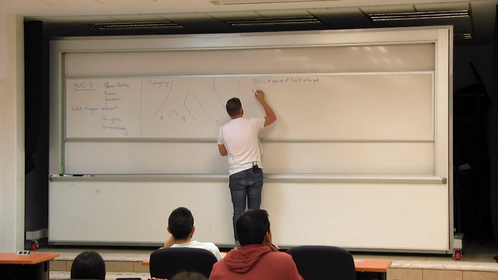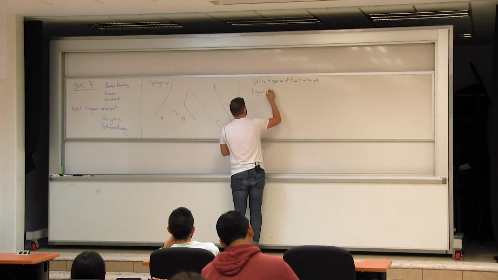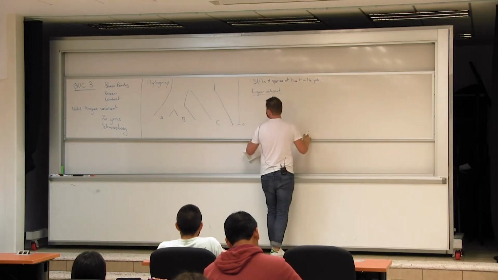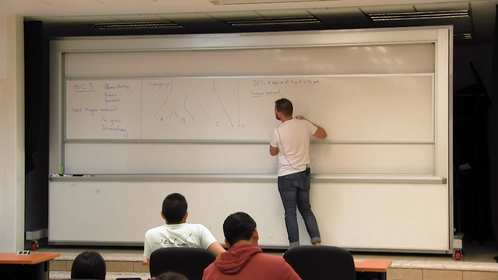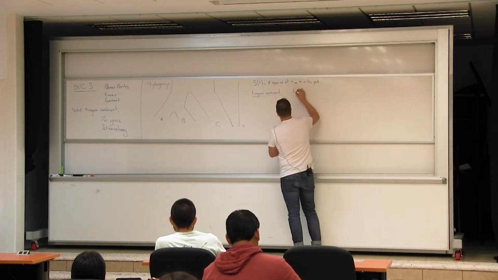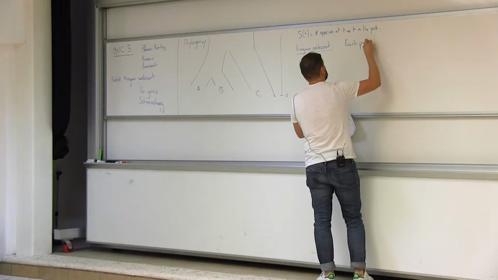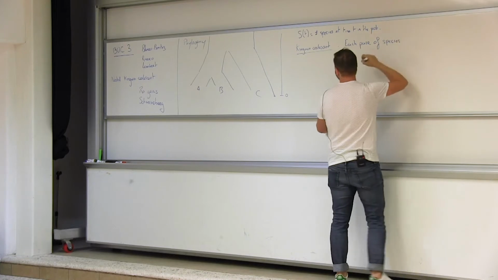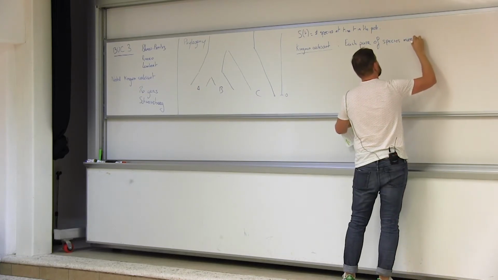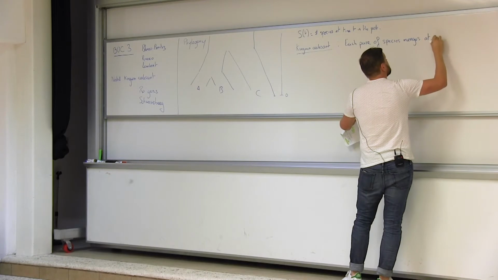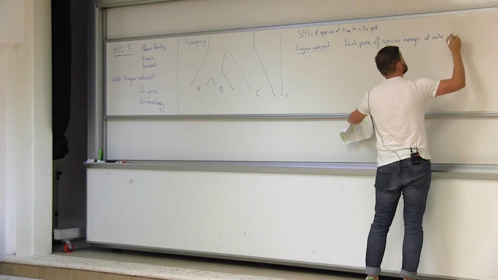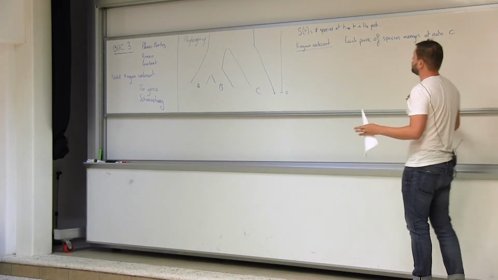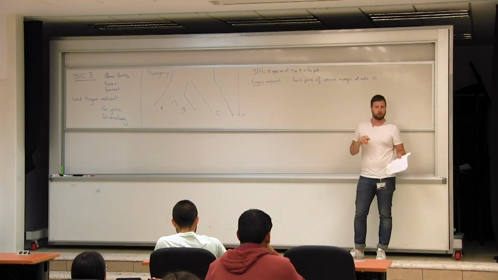So what is a Kingman coalescent? Just in one sentence, I will say that each pair of species, in this case, will merge at rate, let's say c, on all these pairs, couples of species, they merge independently from each other.